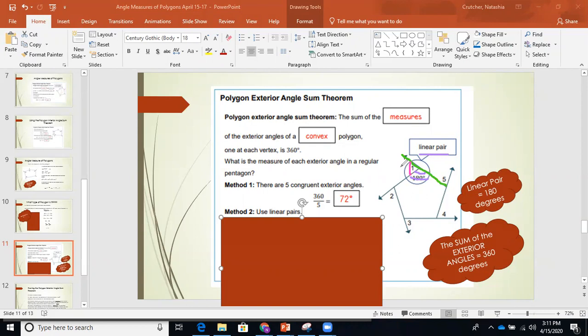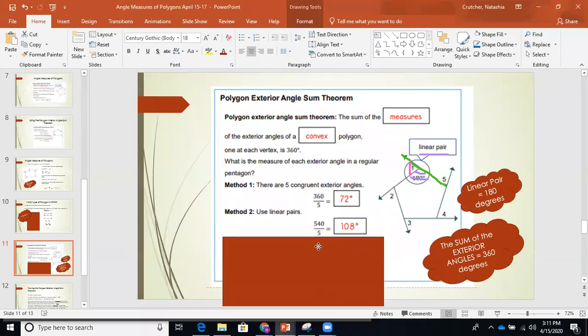All right, so knowing that and using our linear pairs, we can do 540, because we know that's the interior angles, because we use the formula that we just learned, n minus 2 times 180 divided by n.